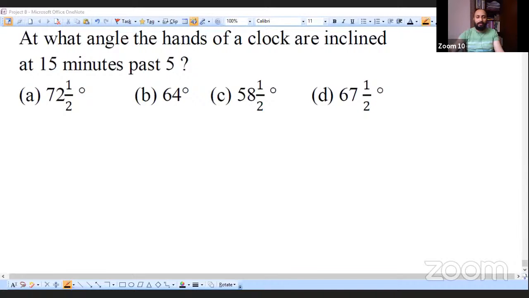Come on, do this. 5 o'clock 15 minutes. Put the hour value as 5 and the minutes value as 15.